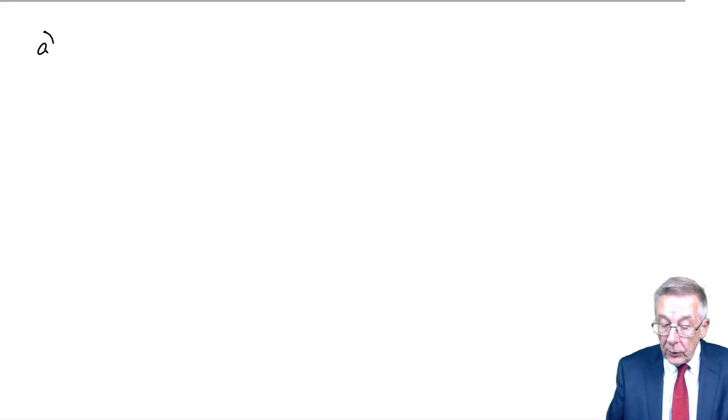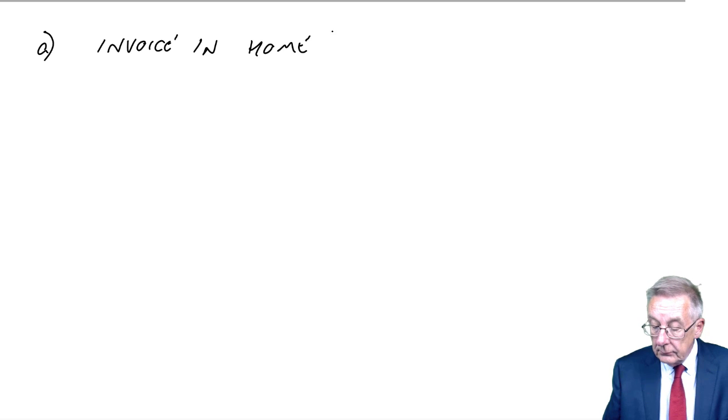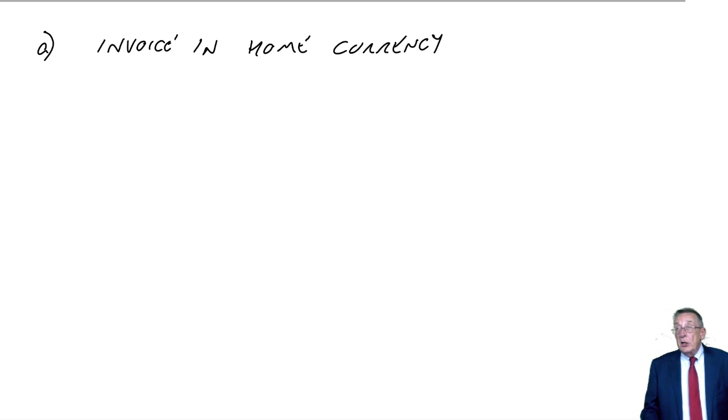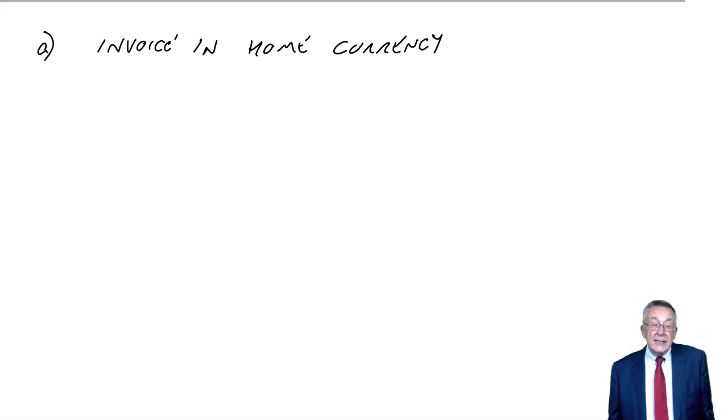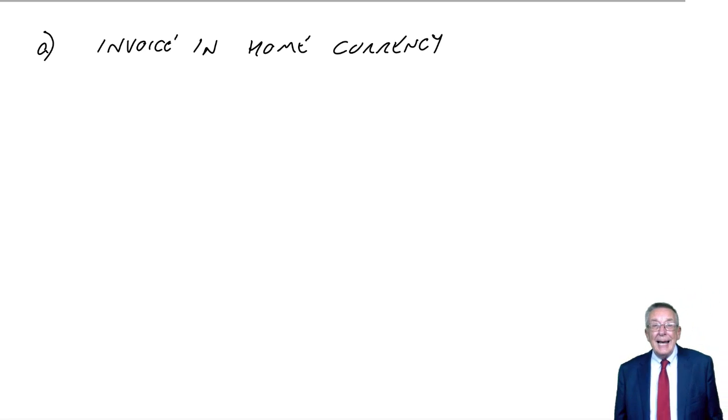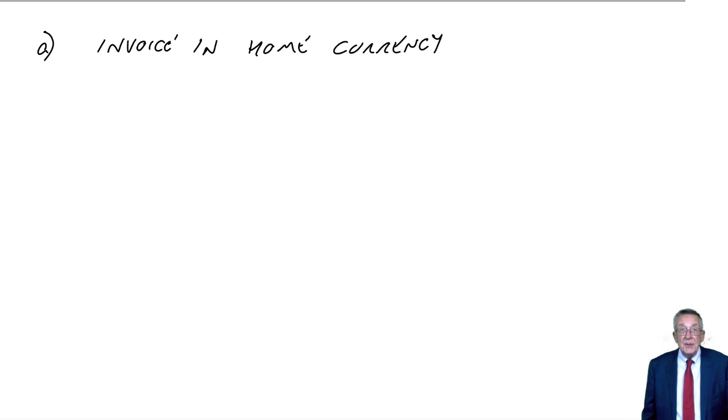First of all, the most obvious of all is invoice in your home currency. If I'm in the UK buying from America, provided I send my invoices in pounds, I'll receive money in pounds.